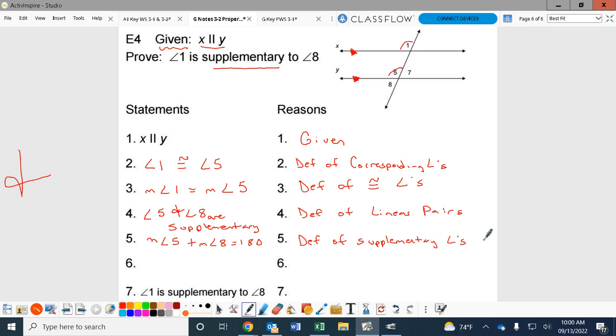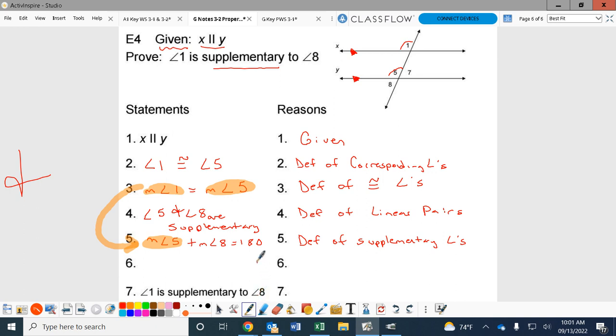Okay, this is the one I got to get you to see. I already know that the measure of angle 1 and the measure of angle 5 are the same thing. So if down here I've got the measure of angle 5, I can replace it with the measure of angle 1. What is it called if I want to replace something? Substitution.